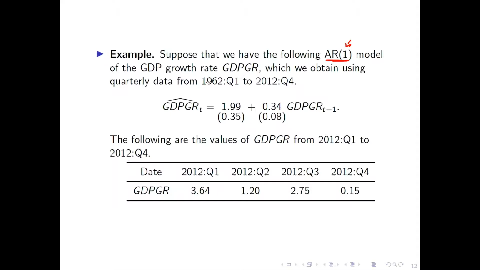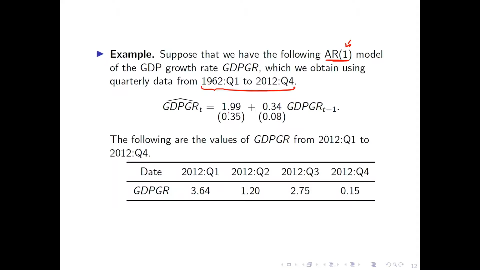We have the GDP growth rate, called GDP-GR, and we estimate these coefficients by using data from 1962 quarter 1 to 2012 quarter 4.